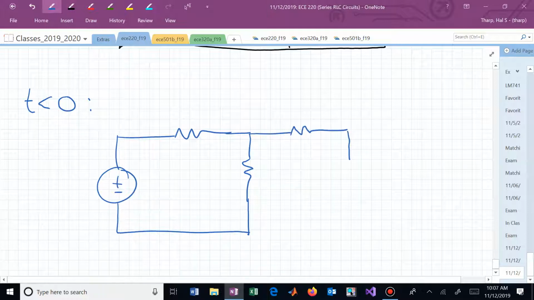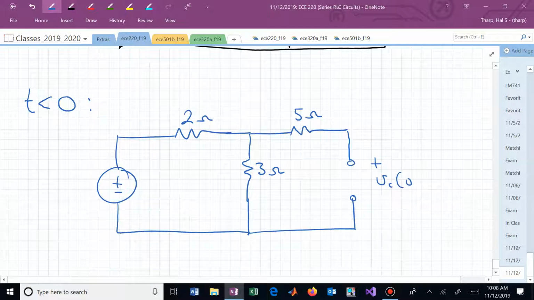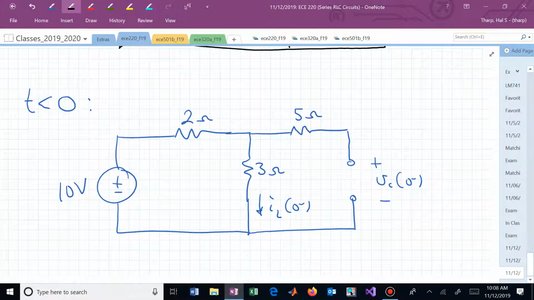What's our capacitor do? It opens up, and now we have 2 ohms, 3 ohms, 5 ohms. Aren't you glad you learned the first few chapters of the book? Resistive circuits. That's all we're doing now to try to find these initial conditions.